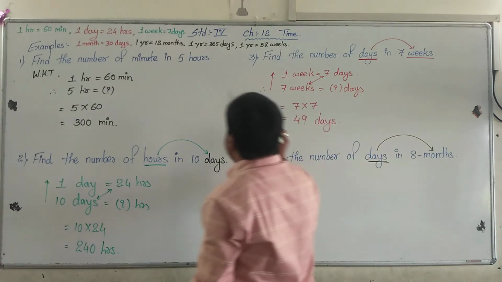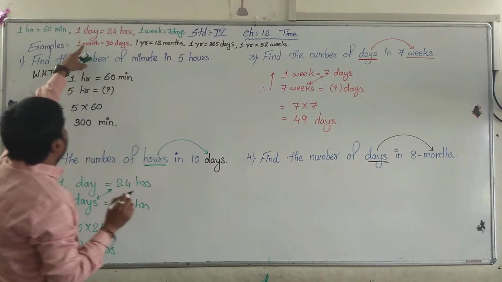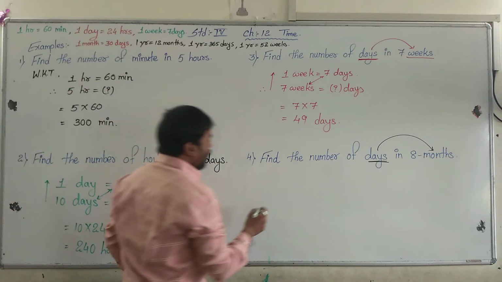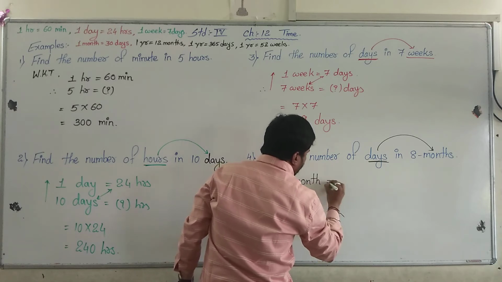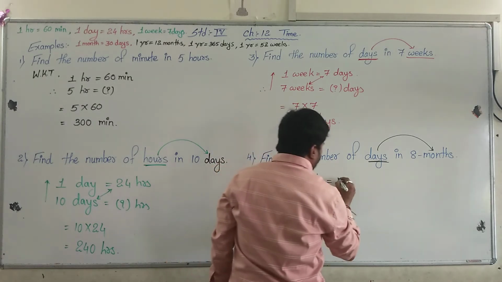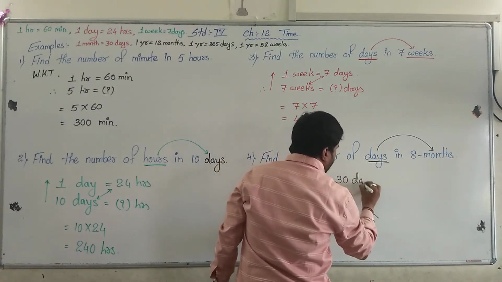Let's go next. Find the number of days in 8 months. So we are talking about days and month, and here we are very familiar. What are we very familiar with? That 1 month is equal to how many days? 30 days.